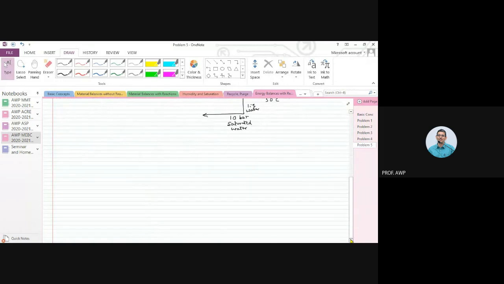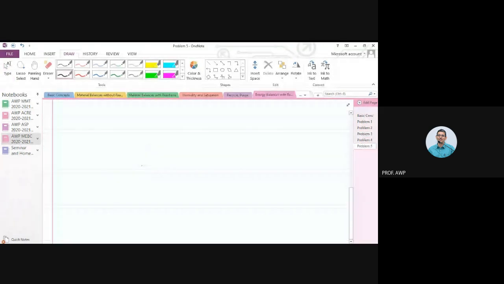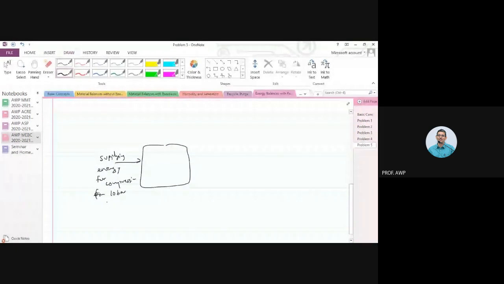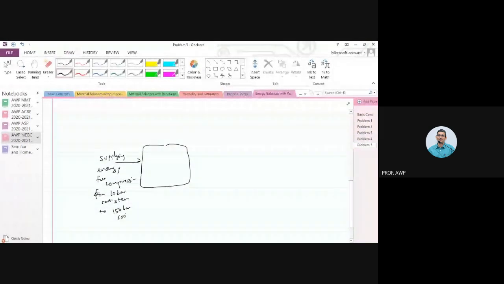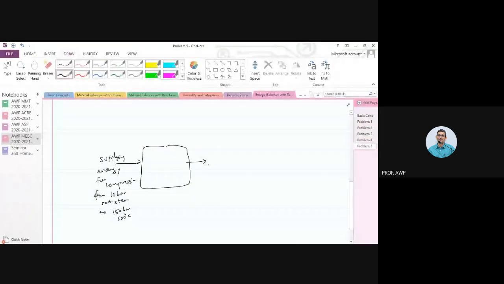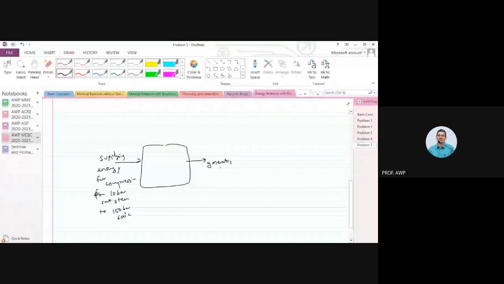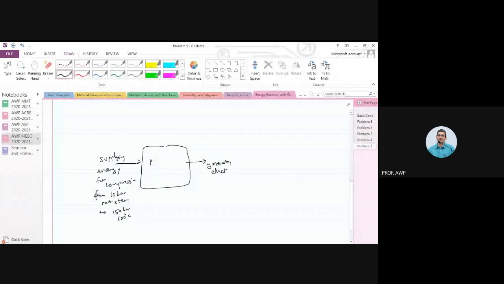So now if you think about this control volume, I am supplying energy for compression from 10 bar saturated steam to 150 bar 600 degrees centigrade, and I am generating electricity. An equal amount would be needed to go back. So is this not a perpetual motion machine?